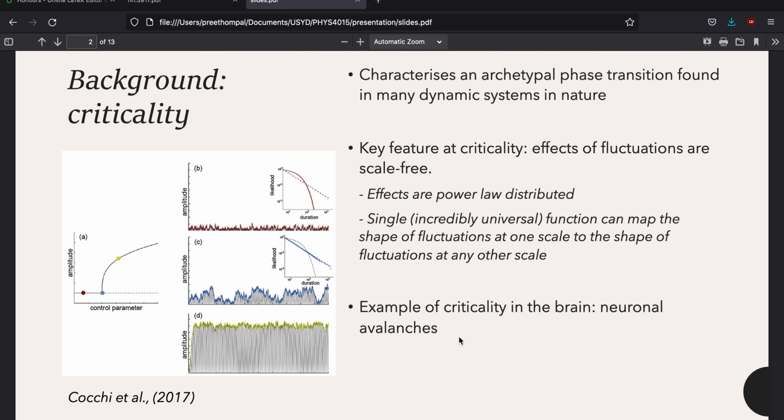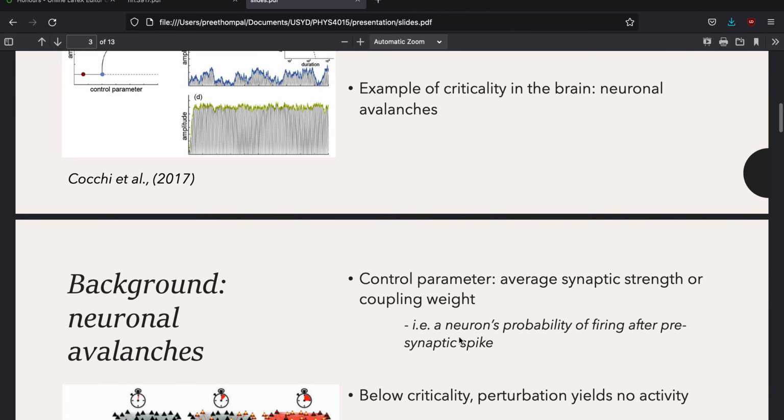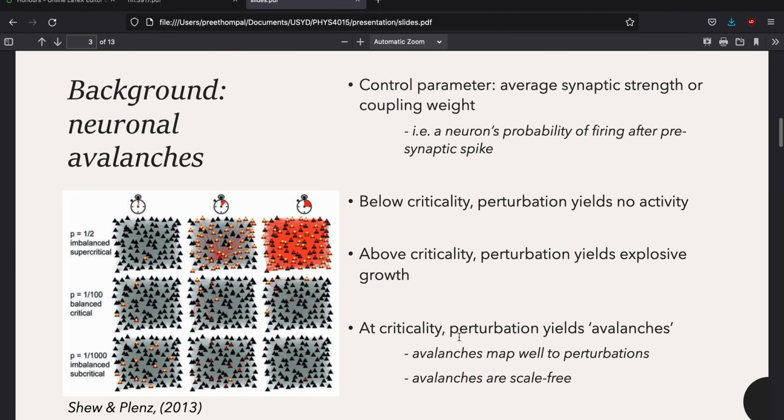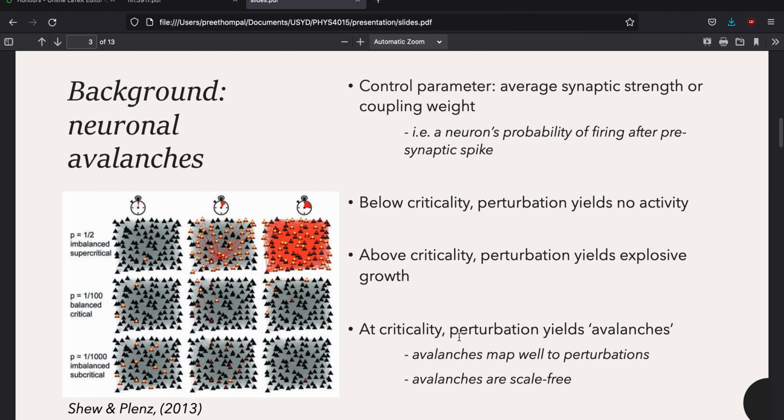All right, so an example of criticality in the brain is neuronal avalanches. So let's say our critical system is a densely connected neuronal network. And our control parameter is the average synaptic strength, which translates to one neuron's probability of firing after a presynaptic spike.